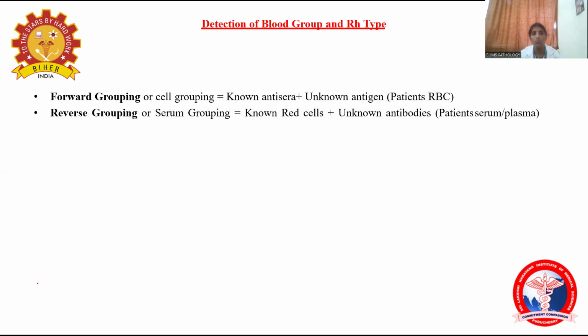Always we should do both forward and reverse grouping together, because one step acts as a checkpoint for the other. For example, in case of mismatch or discrepancy of blood samples, it can be rectified with this. So two blood samples, one for forward and one for reverse grouping, have to be received, and the forward should match with the reverse grouping.